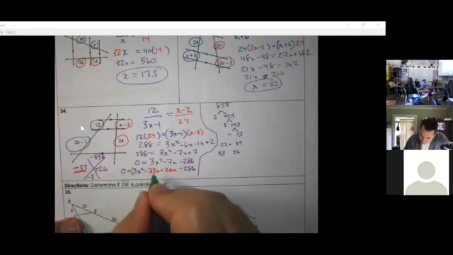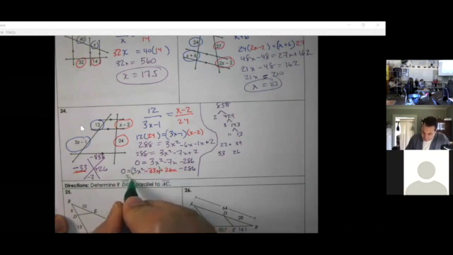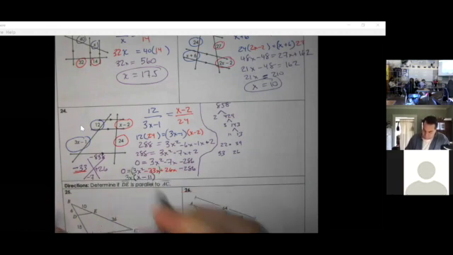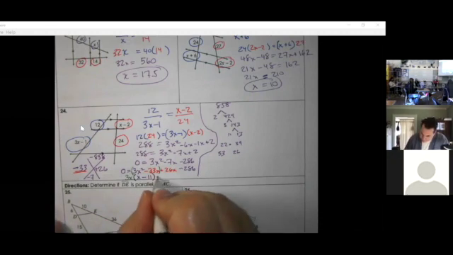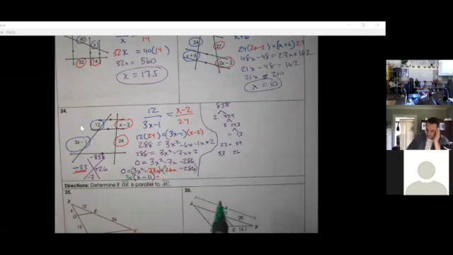I'm going to take this part, first 2 terms, and look for what's common to both of them. Well, this is 3 times x times x. This is 3 times 11 times x. So there's a 3x I can pull out of both parts, leaving me with x minus 11. And then I'll do the same thing over here. I'm going to take these 2 terms and see what comes out.